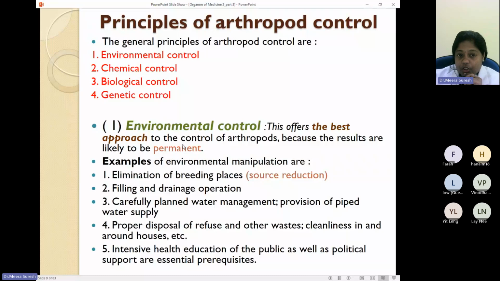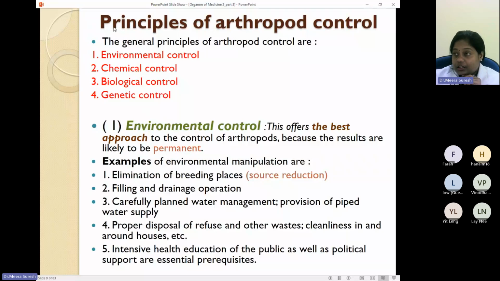So in environmental control, what we actually do is source cutting or source reduction. That's the actual term being used. We are going to eliminate those breeding places. That is one of the best approaches, less expensive, and the results are permanent. That is environmental control.